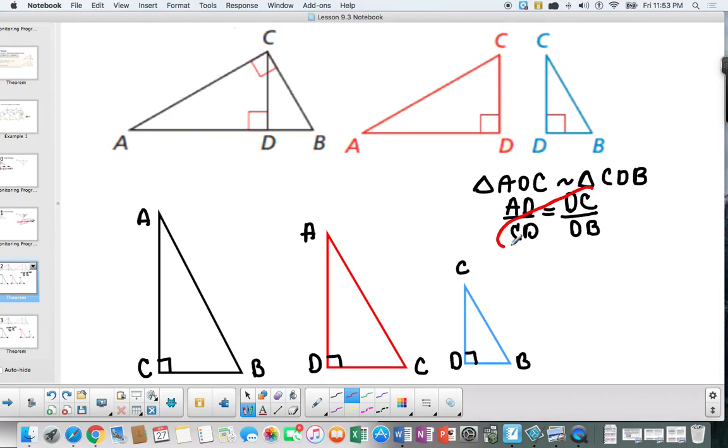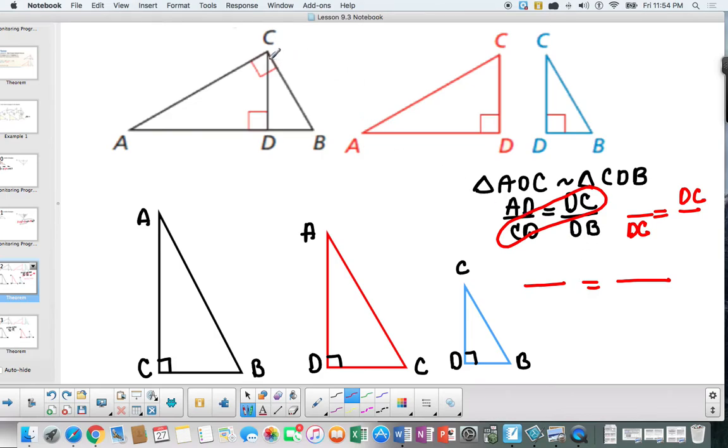Now when I do this, I notice something very interesting. I notice that I get a geometric mean. Remember the geometric mean, you get one when you have the same thing across the diagonal. It could be X or it could be DC. Now, instead of memorizing letters, I'd like you to memorize what it represents in words.